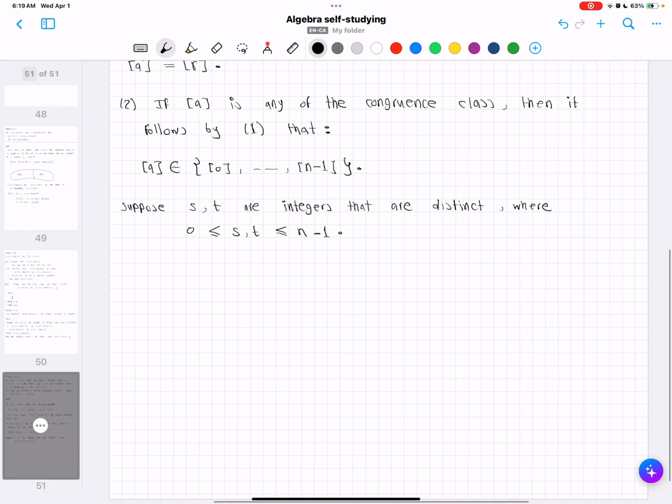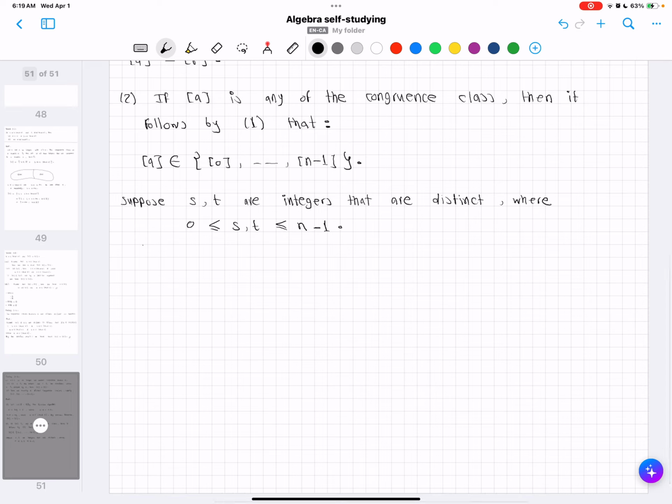It follows that one of them is bigger than the other one, so without loss of generality, s is less than t and less than or equal to n minus 1 and bigger than 0.